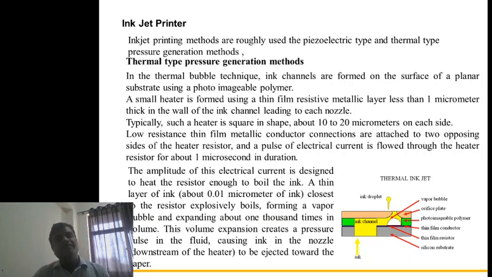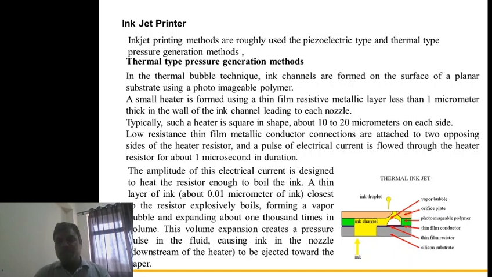In the inkjet printer we generate a pressure so that the ink can move onto the paper depending upon what input we have provided. For the generation of this pressure we use either a thermal type jet or a piezoelectric type jet.